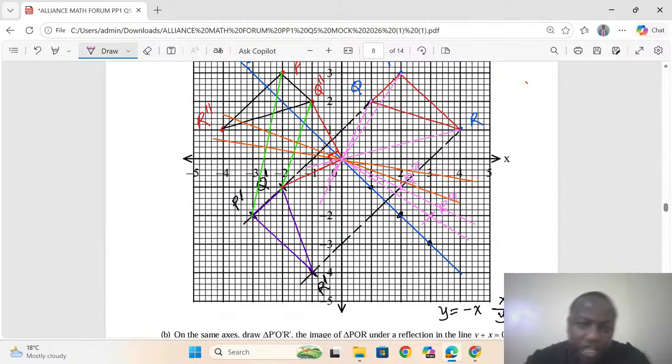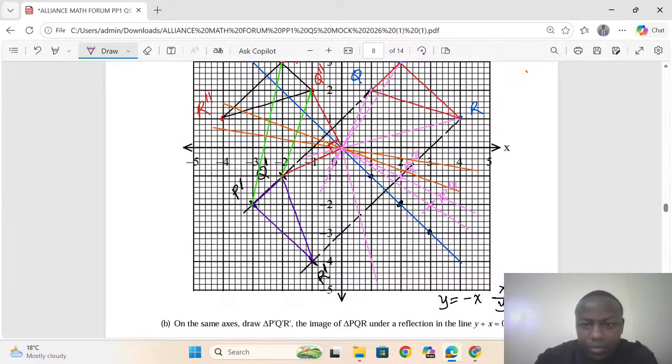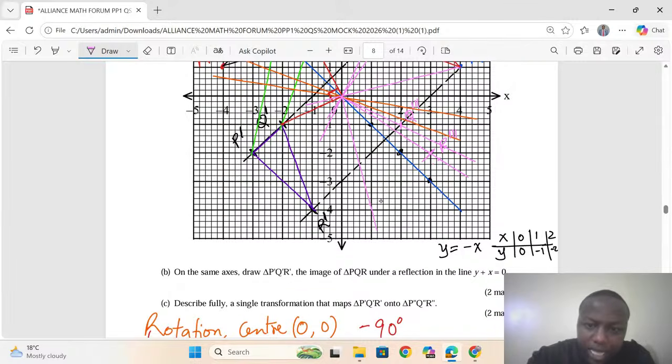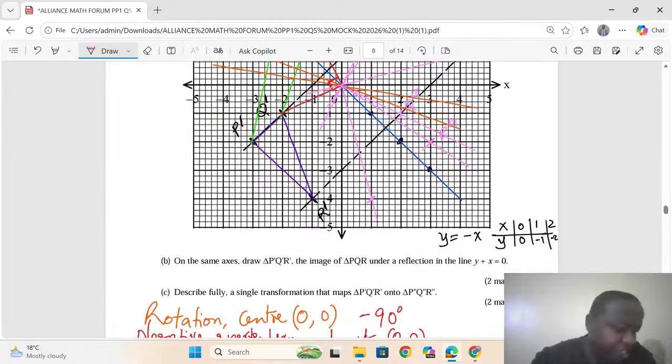I'm supposed to check my accuracy on the 90 degrees measurement. At a point like this one, I can now have R triple prime.